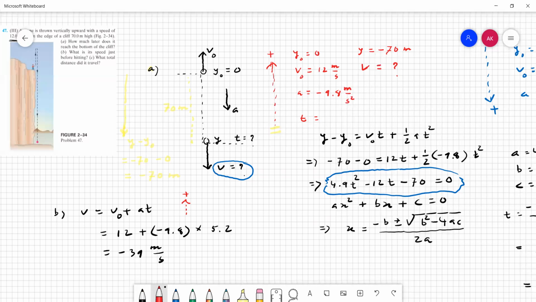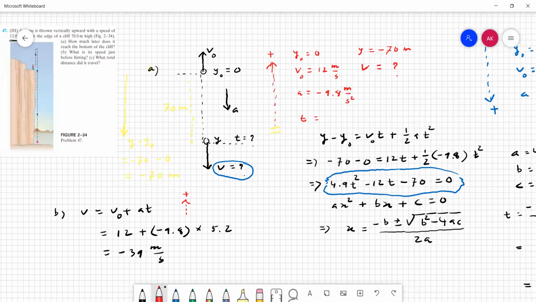The way I ask for the quizzes and the structured questions in the test, I ask you to use the upward direction for your coordinate axis. I will also ask you to draw your coordinate axis and then use the kinematics equation. So you have to show that one.